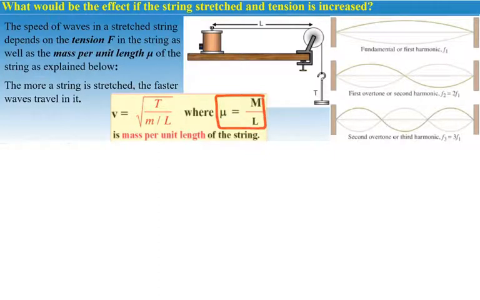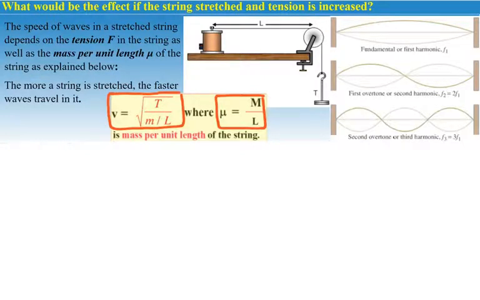It's almost like the density of the string. As explained below the question, they give you the formula. In this formula, the velocity of the string depends on T, the tension, and on the mass per length of that string.